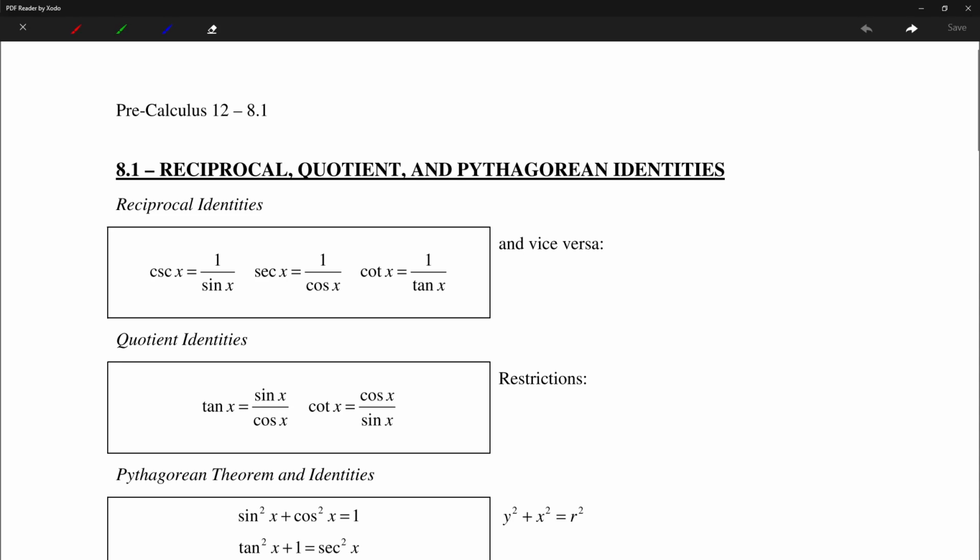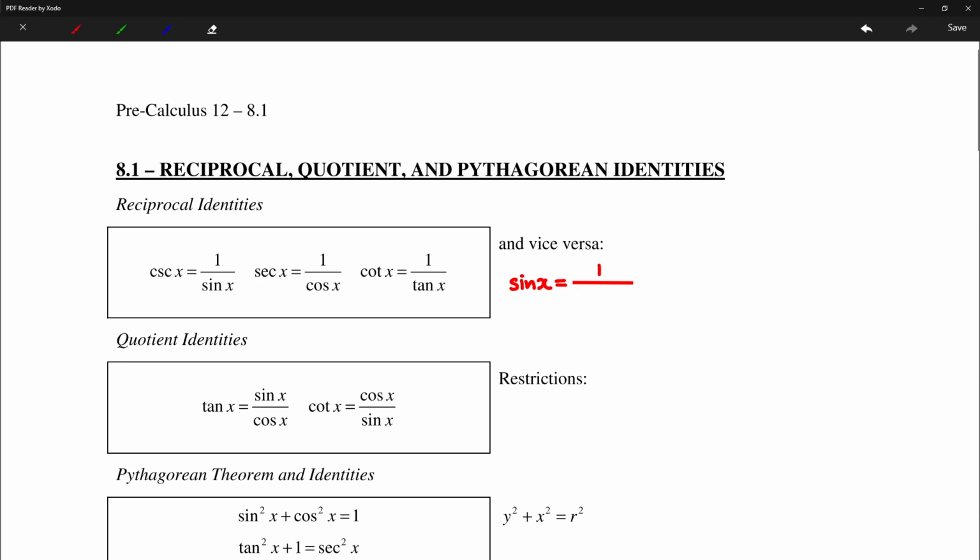However, if we look at this identity here, cosecant x is equal to 1 over sine x, we can rewrite this identity as sine x is equal to 1 over cosecant x. That will not be given on a formula sheet.